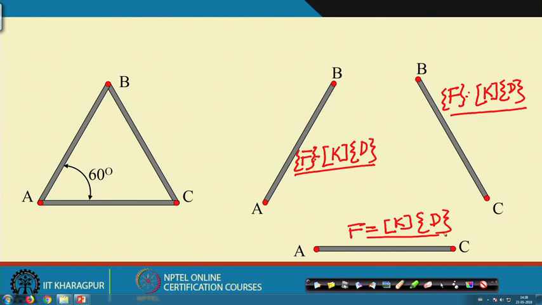But what would be the form of the equation for a truss, or for other structural components such as a beam or a frame? That we will see as we move on.